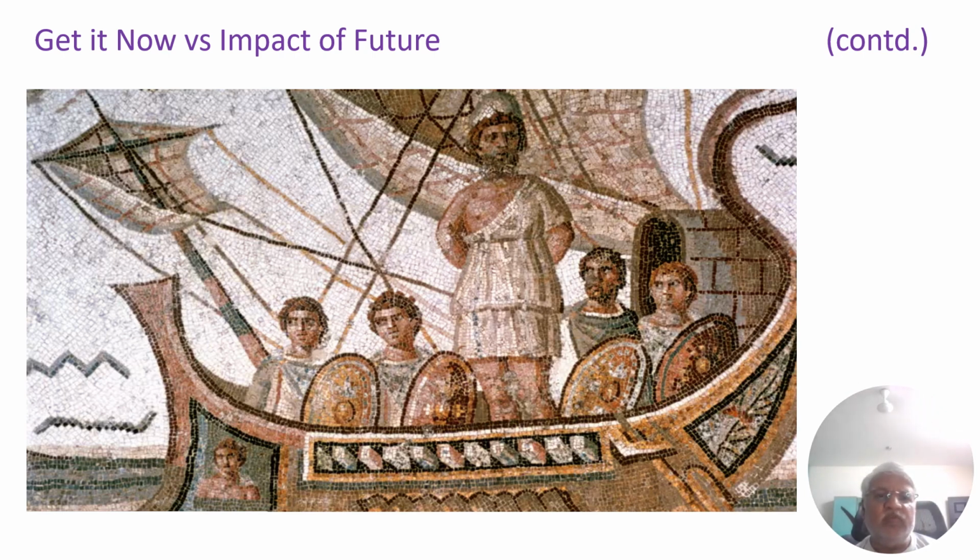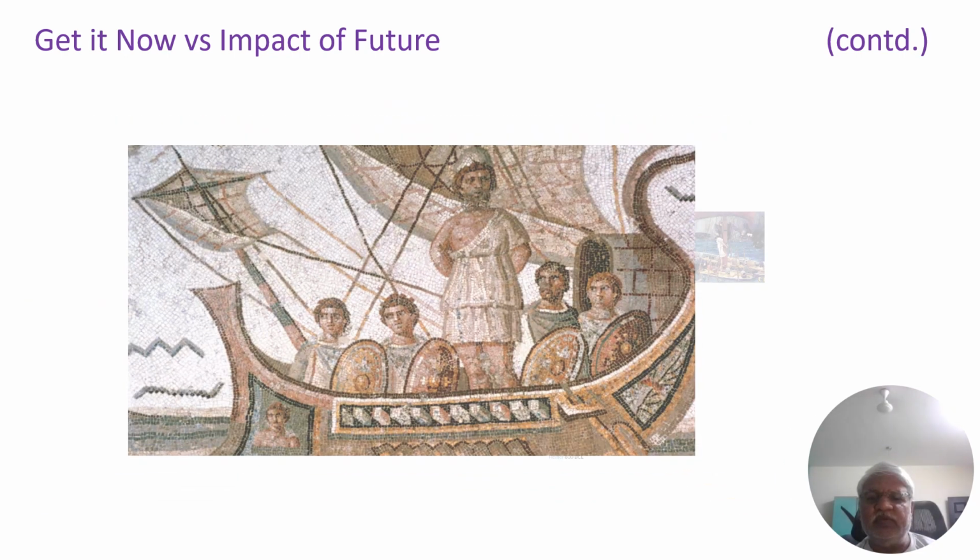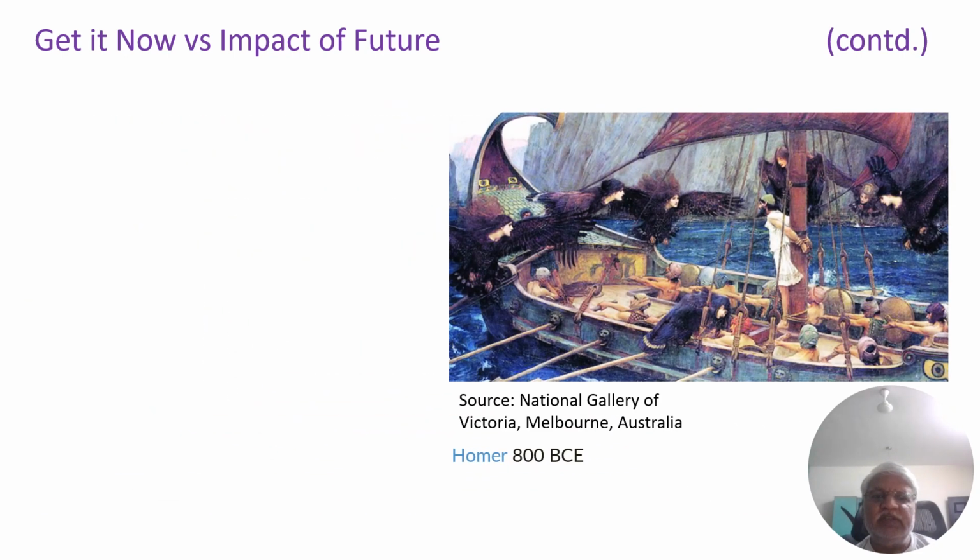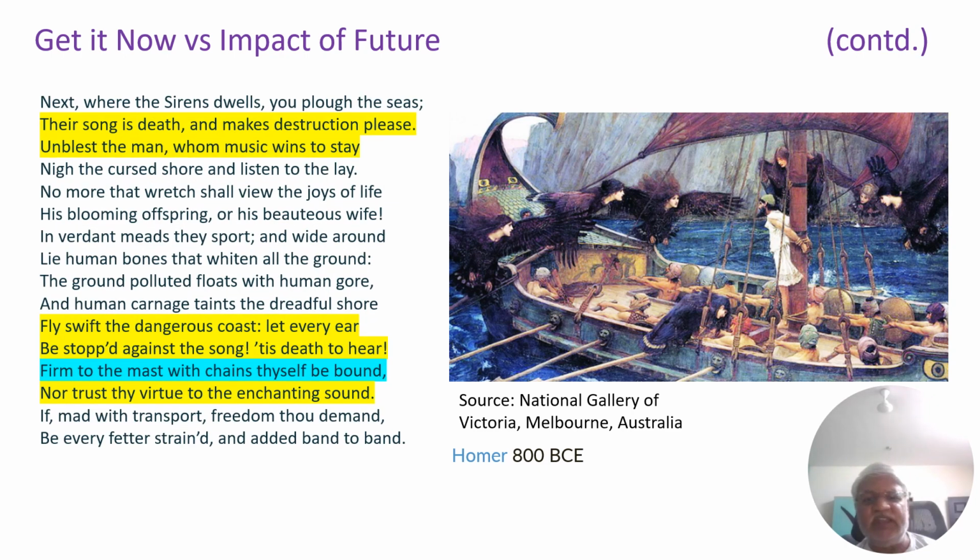Circe also warned Ulysses about the sirens. She described that they will enchant all those who come near them. If you see here, it is mentioned that next where the sirens dwell, you plow the sea.